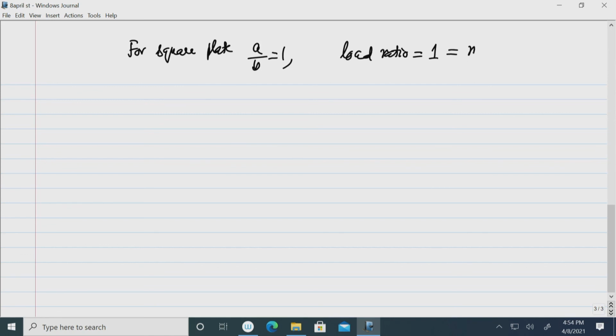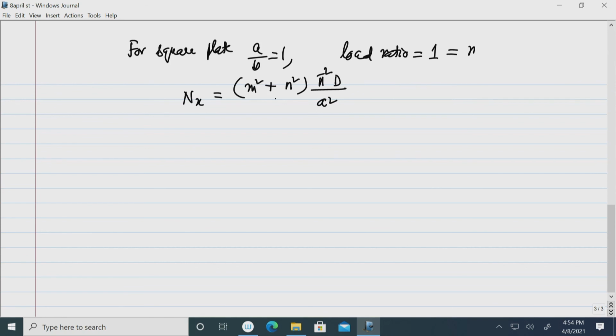Now, after substituting this in the previous expression for N_x, we now get N_x equal to (m² plus n²) π² D by a². So, a simple expression is now found for N_x.